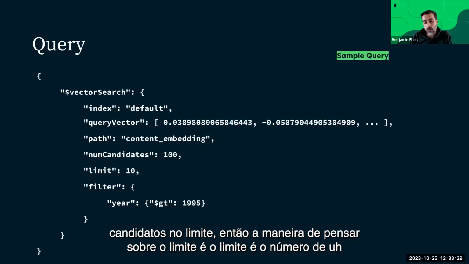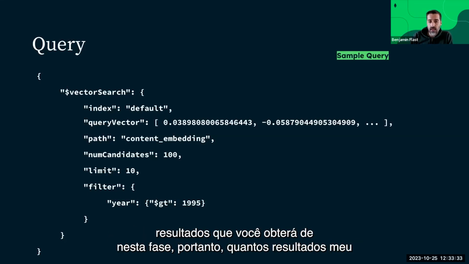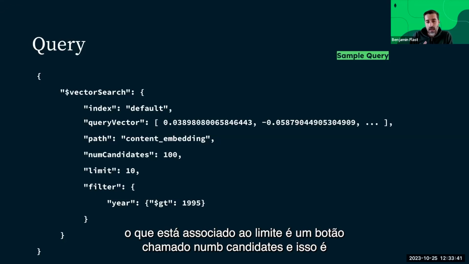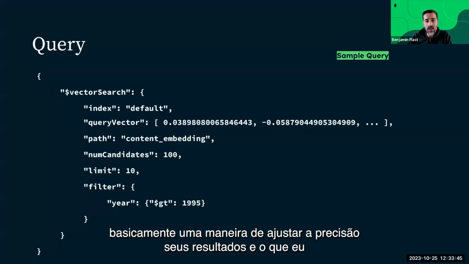The way to think about limit is the number of results you're going to get back from this stage. So how many results does my application need from this query? That's 10. But interestingly, what's partnered with limit is a knob called numCandidates. This is basically a way to adjust how accurate your results are going to be.